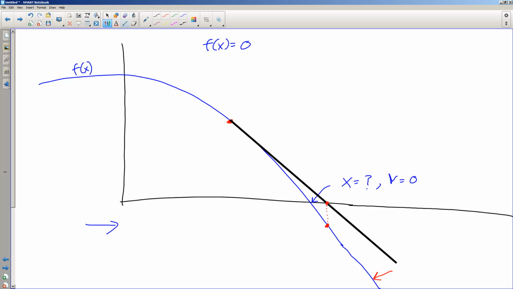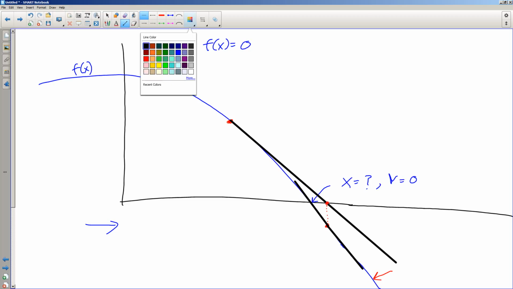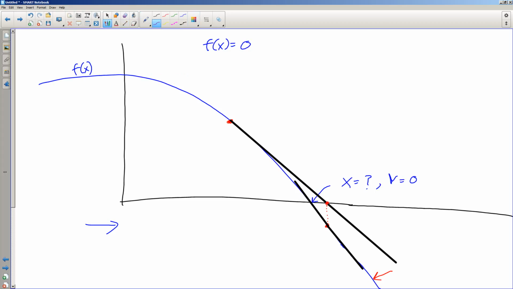Then I come in and I drop another tangent. A line that is tangent to the first derivative. Something like that. Would also kind of come down like this. Okay, and then I see where this new black line crosses the axis, so I project up and right here.